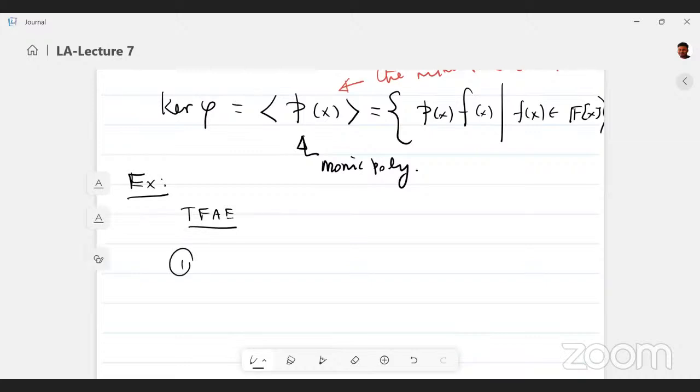Okay, suppose f of t is 0, then that would imply p of x divides f of x.